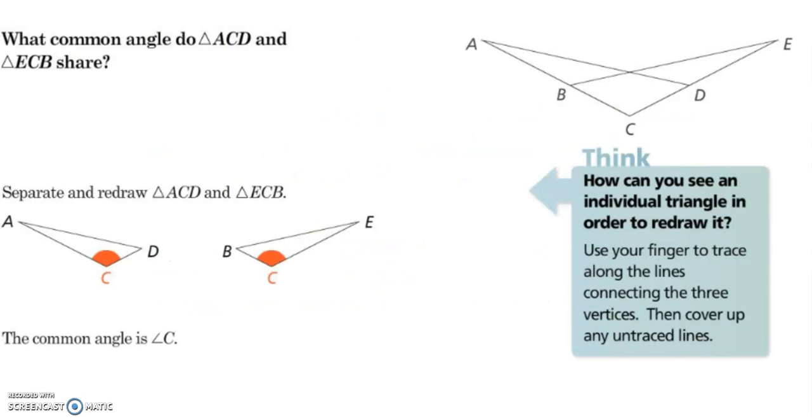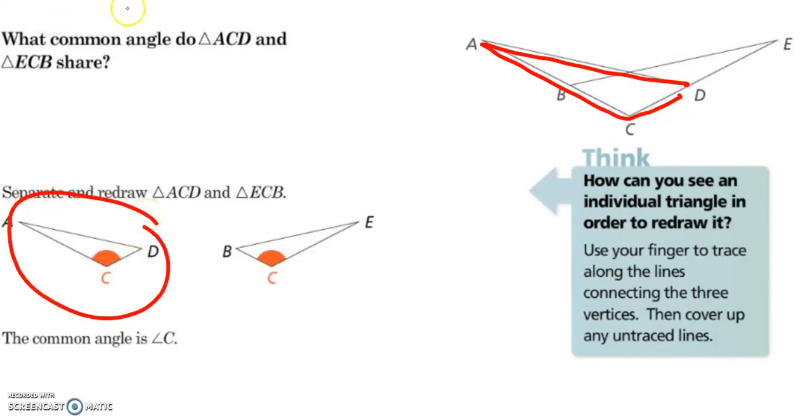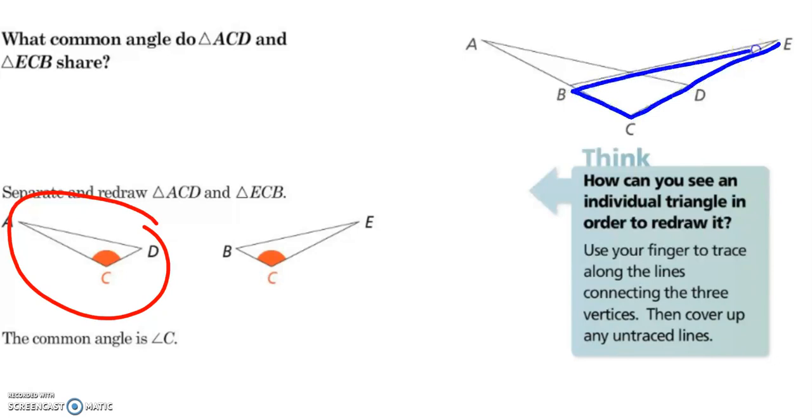So here's a little picture from your textbook that asks, what is the common angle in triangle ACD and triangle ECB? What they did was outline triangle ACD and then redraw it over here, and then do the same thing with triangle ECB and redraw it over here.